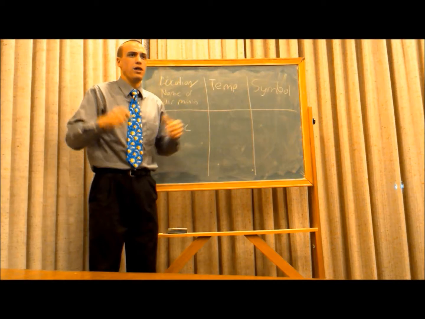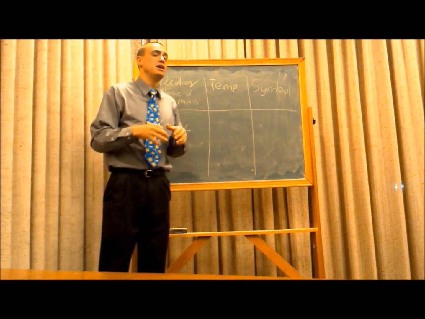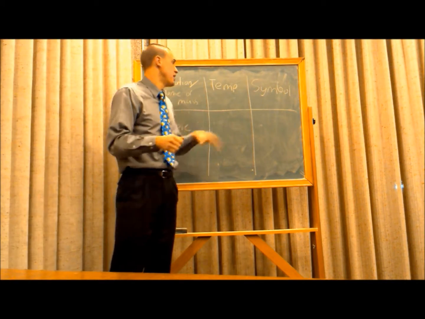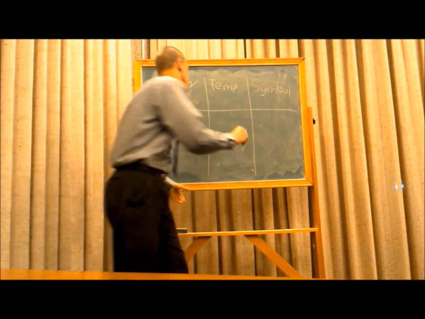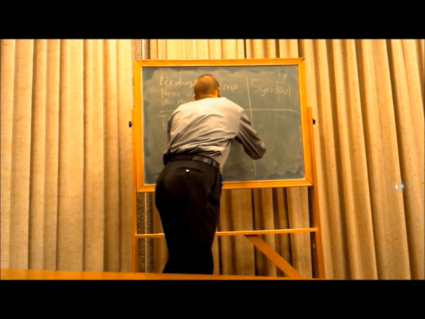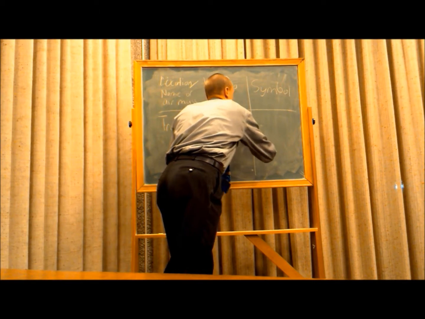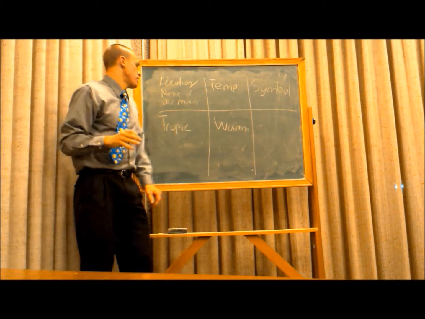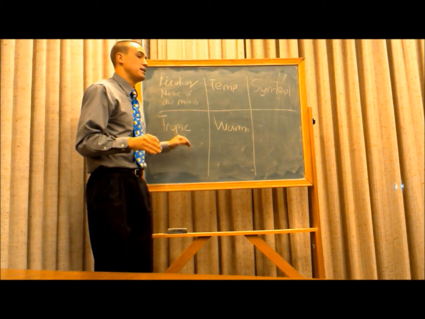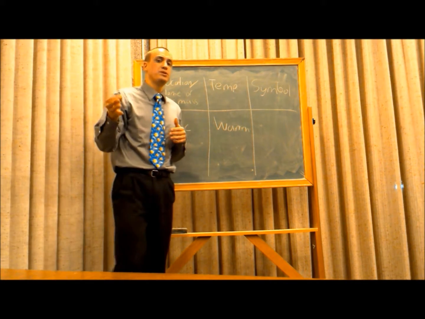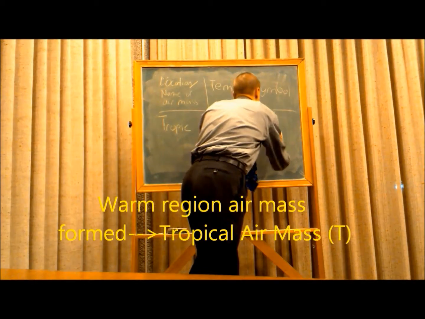Think Florida, think Arizona, think Texas. These are all warm environments, and that reflects the temperature of a tropical air mass. So that's warm temperature. All right, so the symbol for a tropical air mass is simply a capital T.